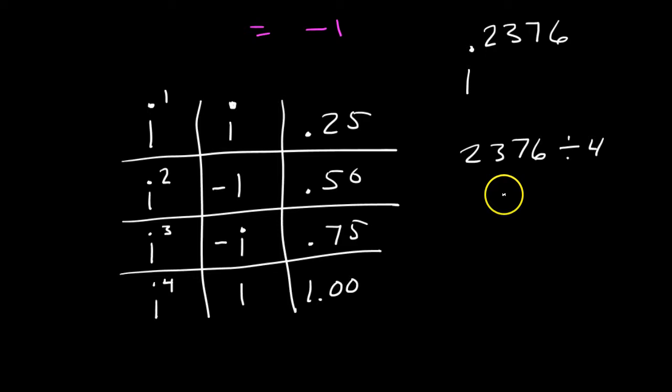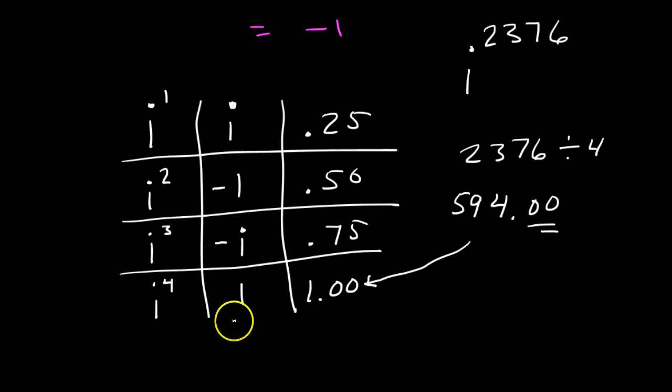Okay, that goes in evenly. That turns out to be exactly 594. Because there are no decimals, I could say 0.00. That tells me that we're going to be in the fourth column, which tells me that the answer is 1. So here the answer would be 1.